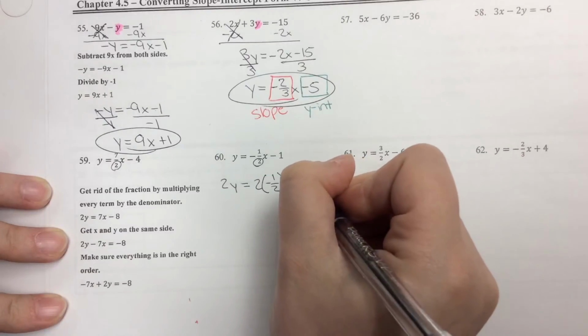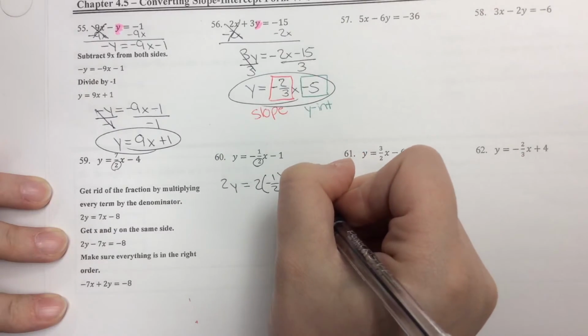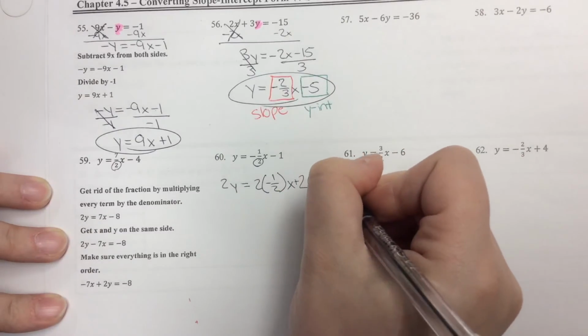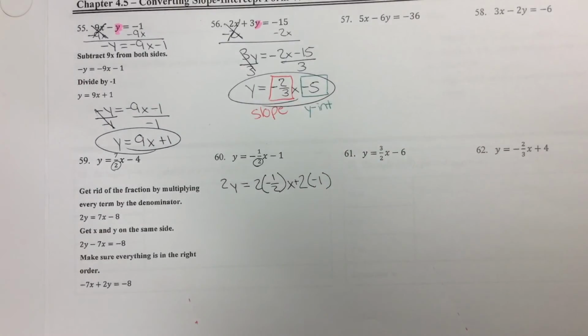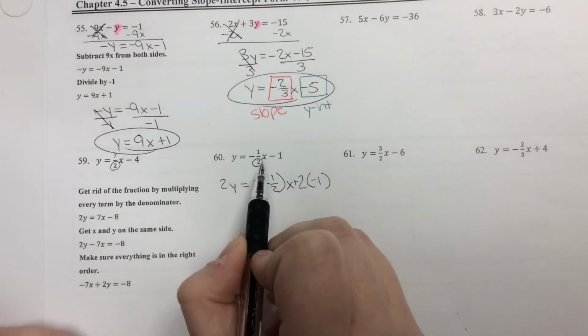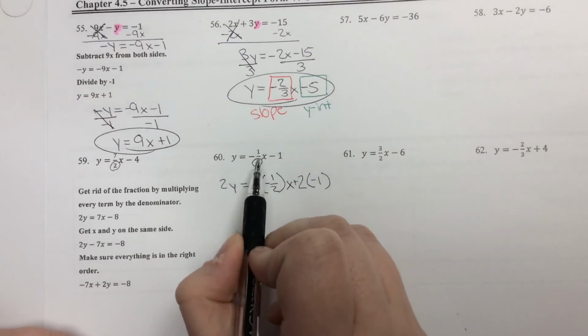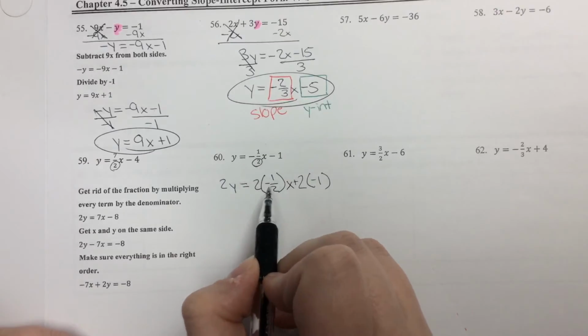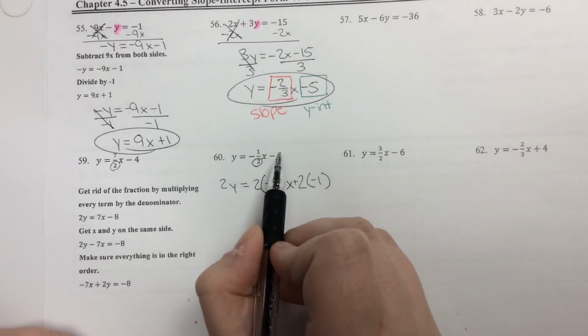And then I've got 2 plus 2 times negative 1. So I multiplied 2 by y, 2 times y. I multiplied 2 by negative 1/2, that's this term. And I multiplied 2 by negative 1, that's this term.